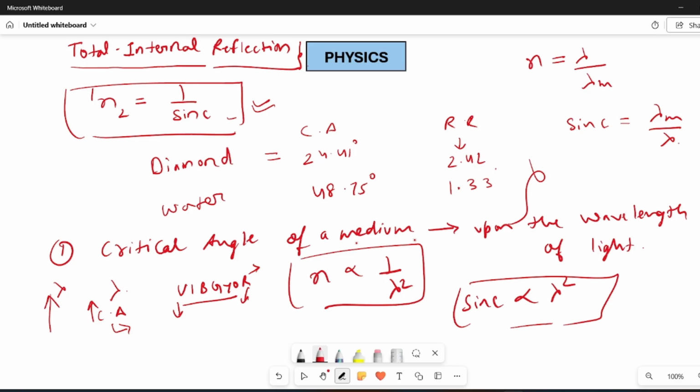Now, if there are images which are formed due to total internal reflection, they could be brighter, because the total light is reflected back in the same medium. Because of that, there is no loss of intensity of light most of the time, a little bit here and there, but greater than 99% is there, not absolute.